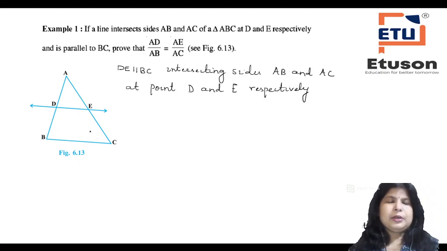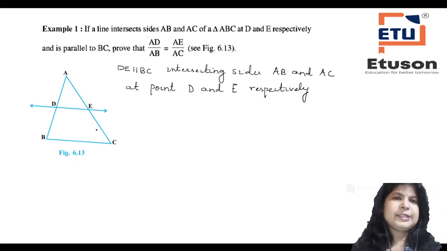Now, if you remember, what does theorem 6.1 say? That means if a line is drawn parallel to one of the sides and intersecting the other two sides at two different points, the ratio of the segments which are obtained by these points are the same.